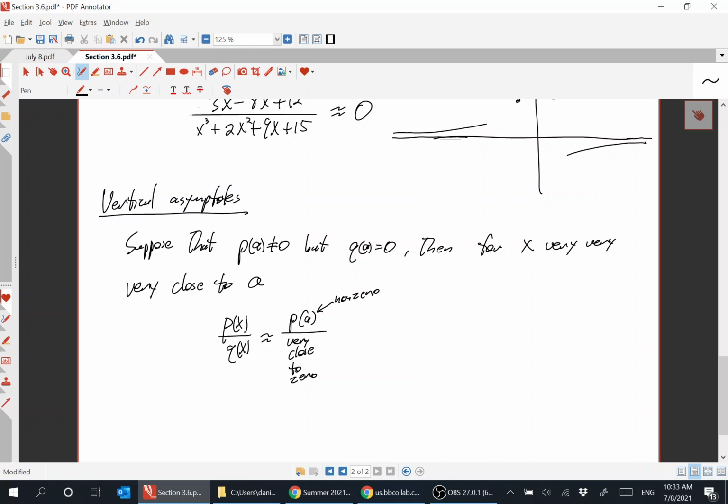Well, what kind of number is that? So I take a non-zero number, 3, and I divide it by something really tiny. So 3 divided by 0.000000000000001.